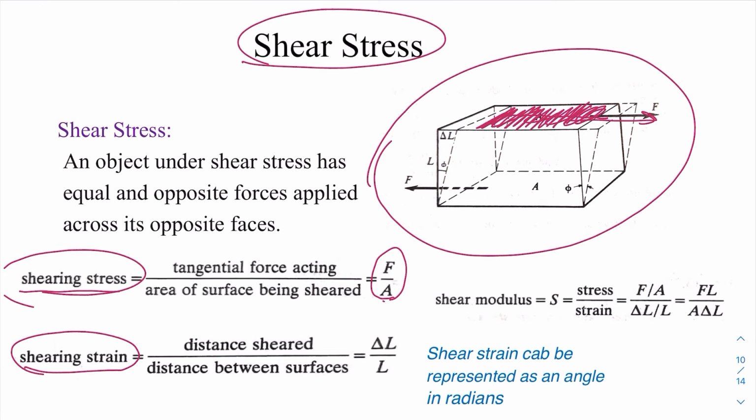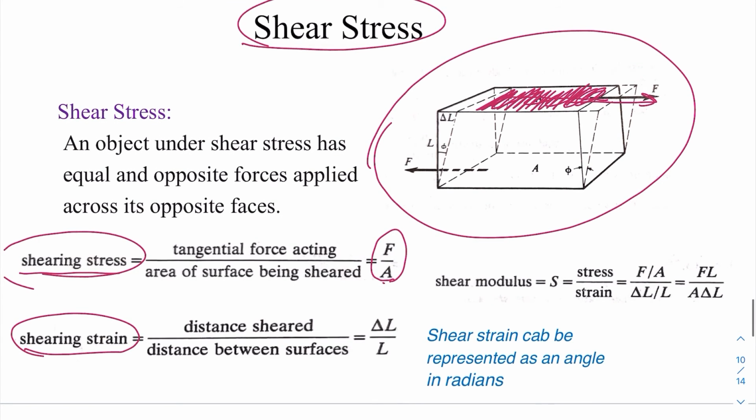And shearing strain can also be the ratio of delta L divided by L, the size, and also this length. Sometimes shearing strain is shown by phi, which is measured in radians.